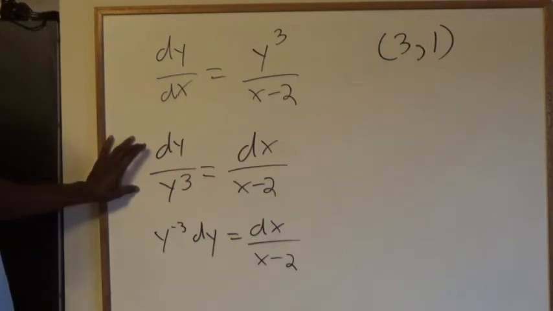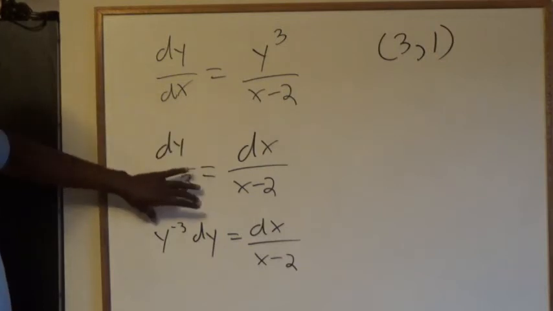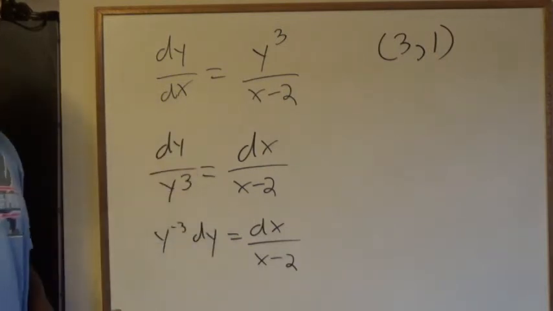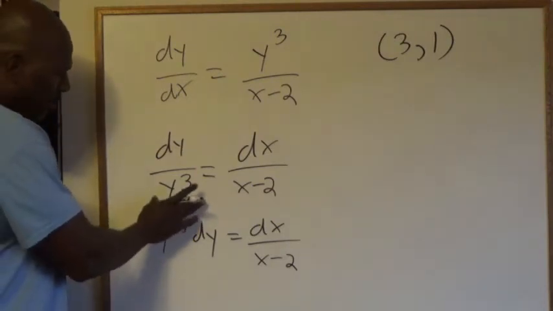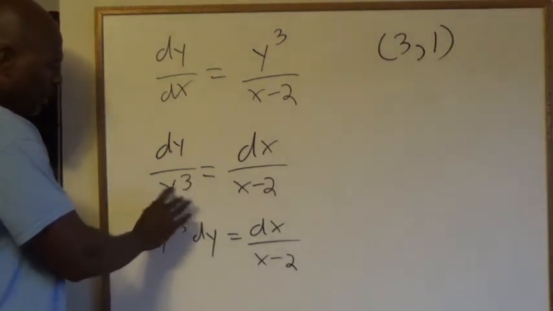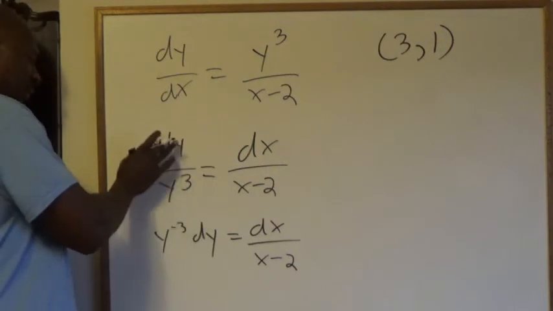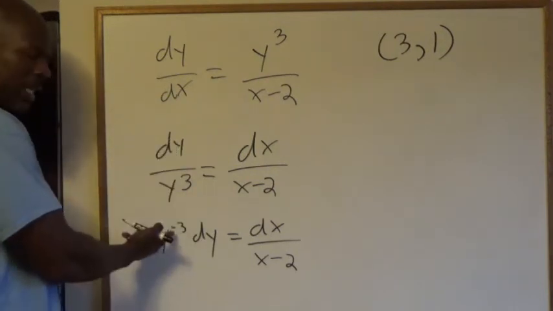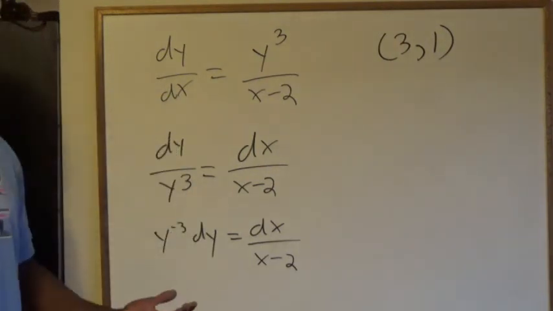Shame on you. That's absolutely false. Anytime it's dy over a power of the variable other than 1, it's going to be the power rule. If the variable is down at the bottom, just bring it to the top and change the sign of the exponent, and then just do the power rule.